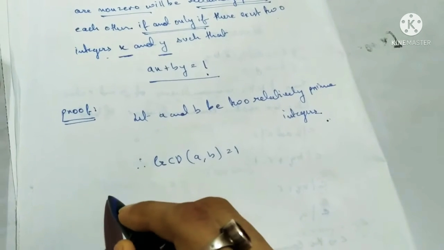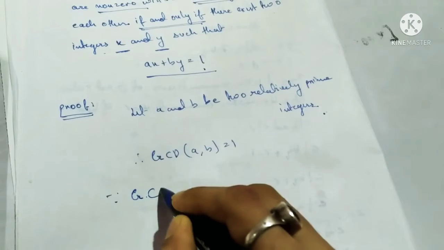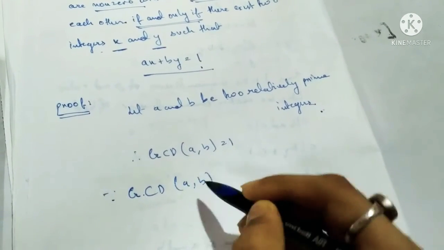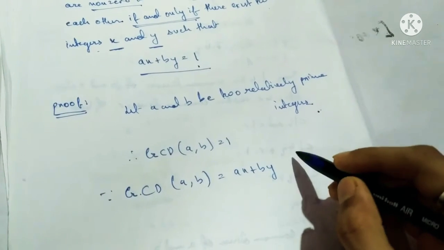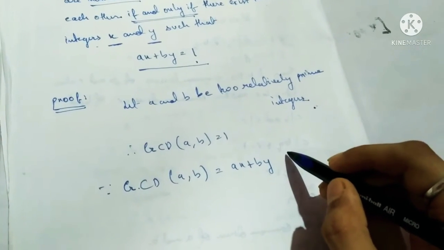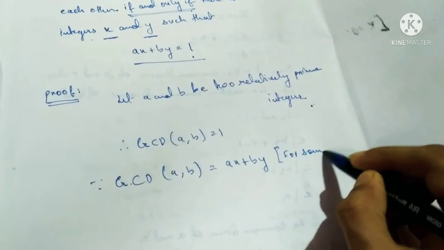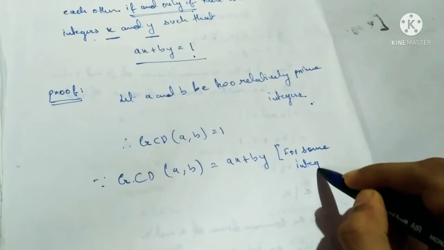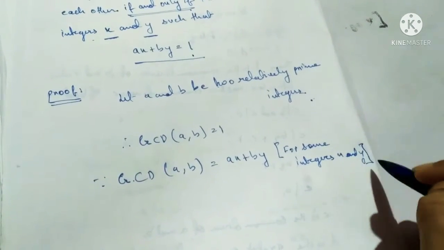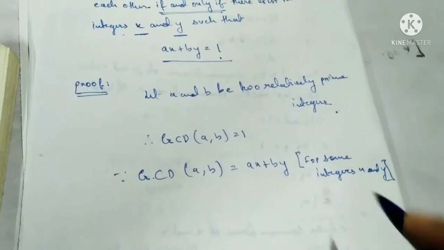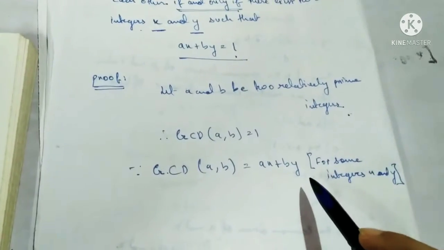Since GCD of A and B, I can write it as ax plus by for some integers x and y. This I am getting from theorem 4.